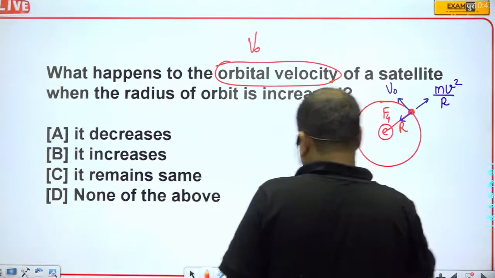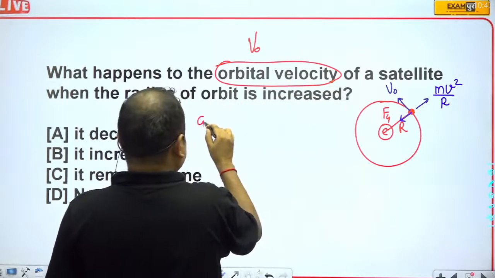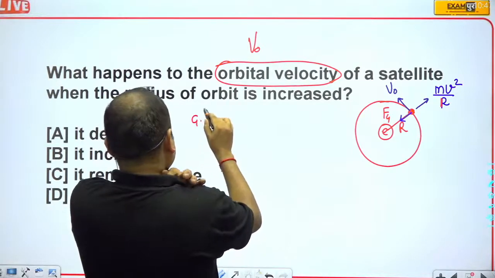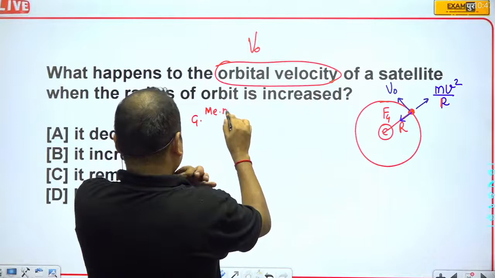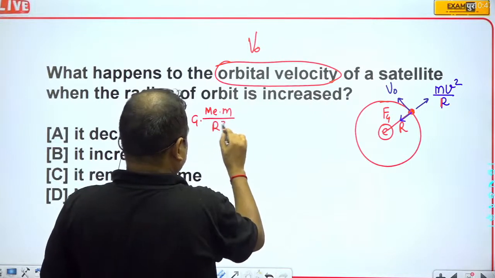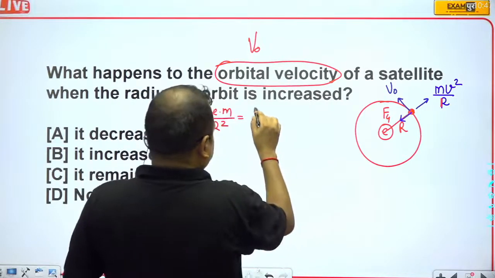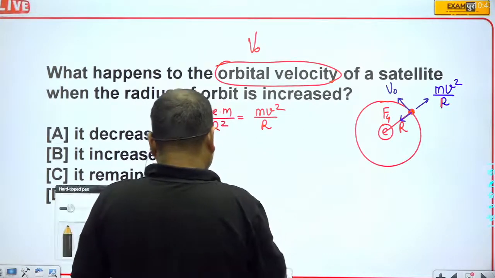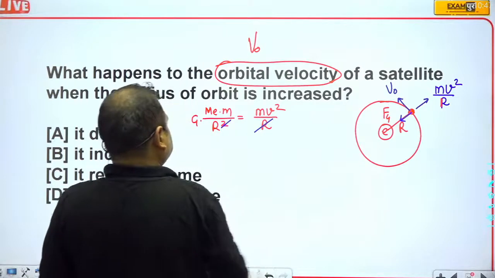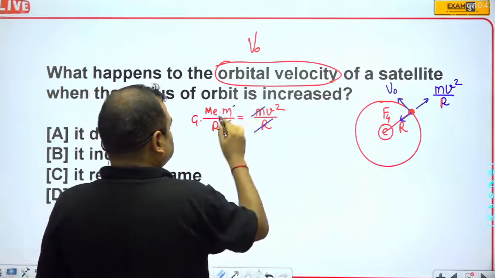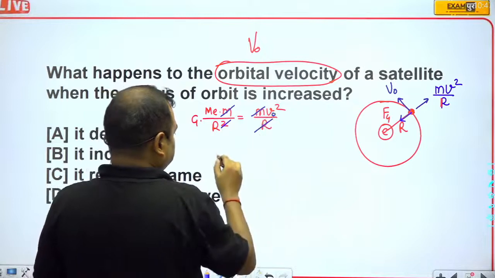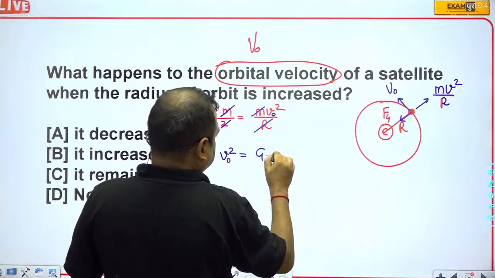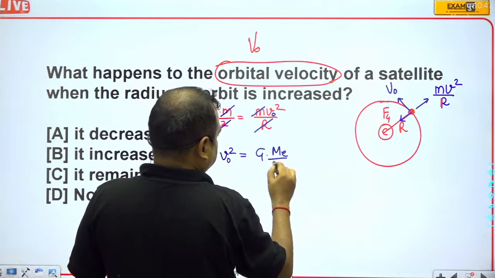This is Fg, so we write G into capital M E into m upon R square, equal to m v square upon r. Here r gets cancelled and m and m cancel, so v naught square is equal to G M E upon r.